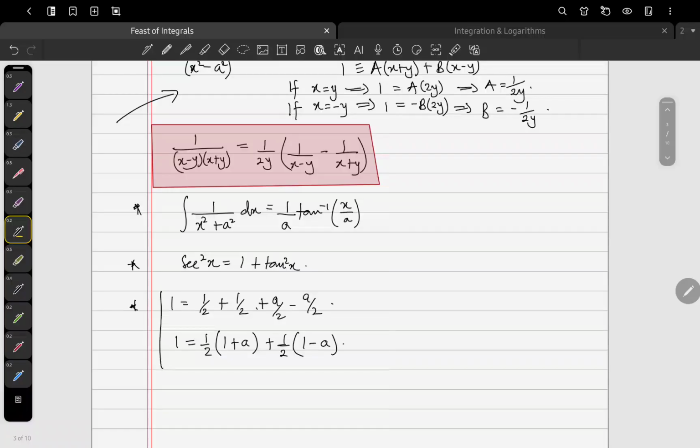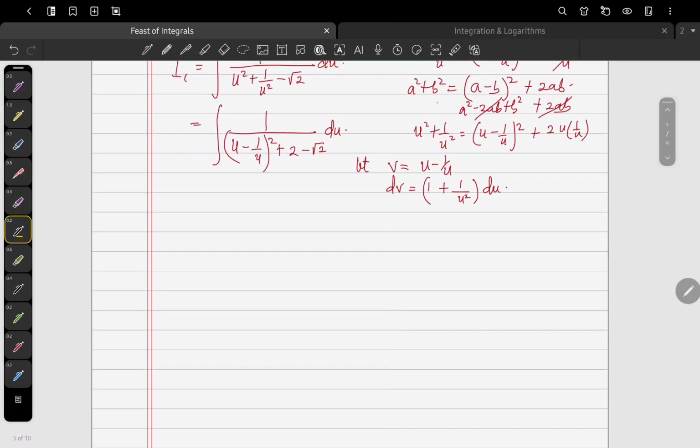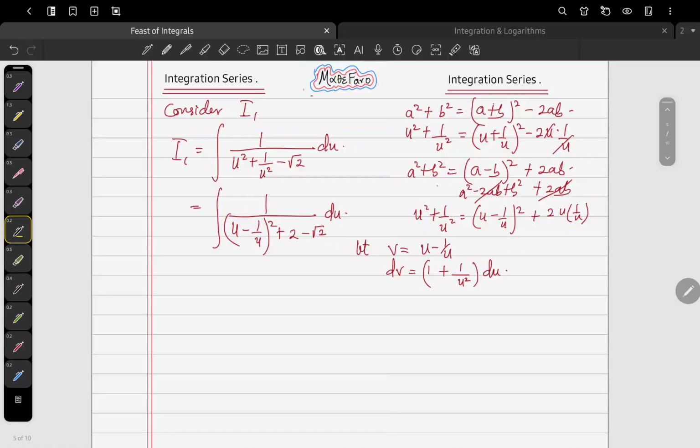So this is another manipulation that will be useful for us here. In fact, we need it right now. Because I can see u minus 1 over u and 1 plus 1 over u squared, to be able to use that, I will split this 1 here.